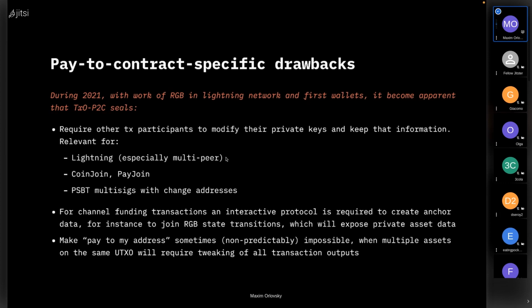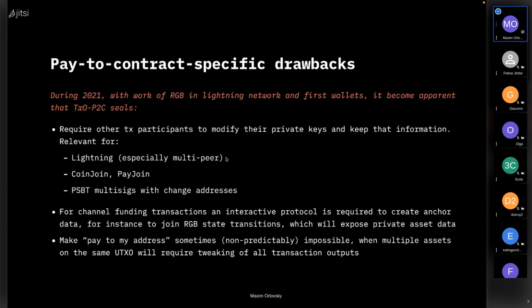Because if the pay-to-contract goes into the transaction output that they control, they wouldn't be able to spend it without keeping that tweak of the private key. And first of all, if you use hardware wallets, not all of them will support this, so it will be really restricted. And of course, even more, if you are a participant of a multi-peer protocol like coin join, pay join, Lightning Network, it will really complicate the protocol itself.